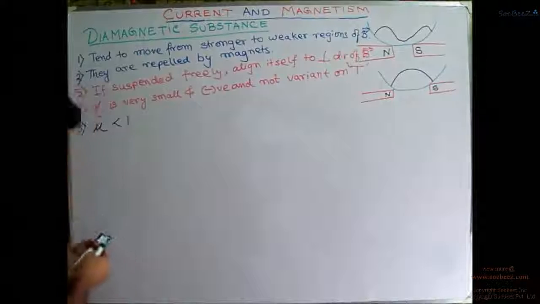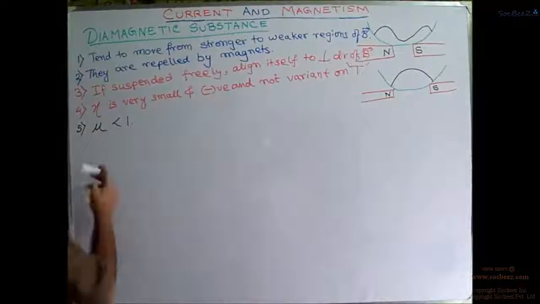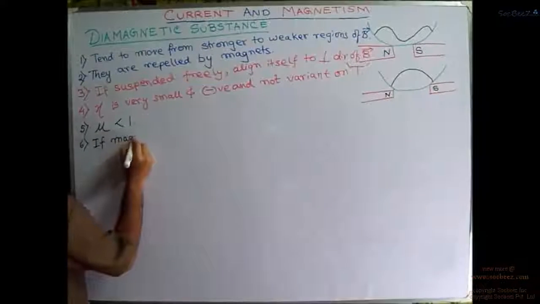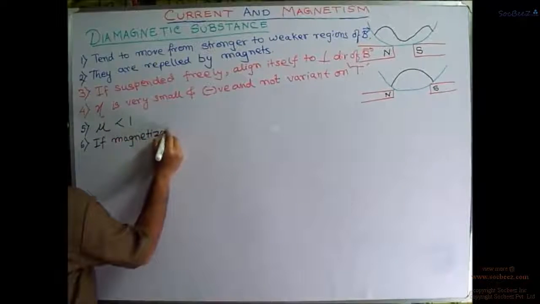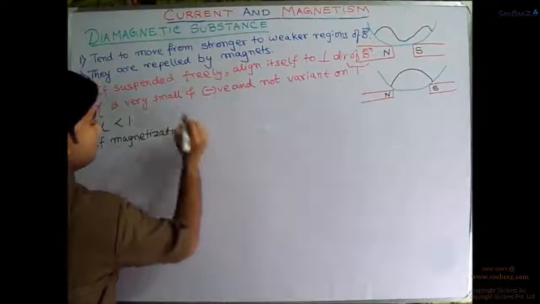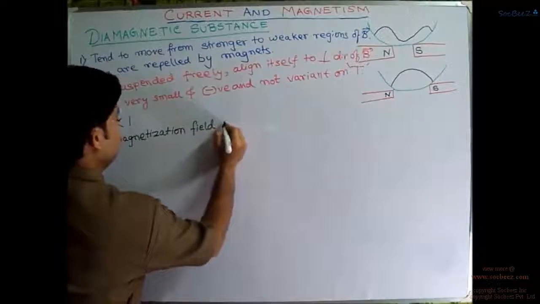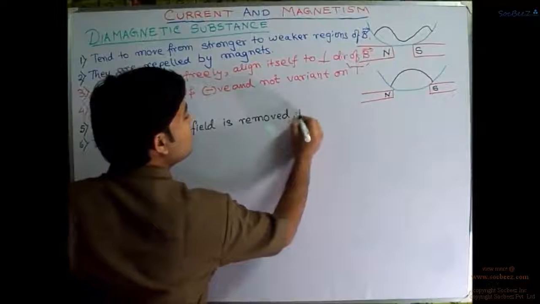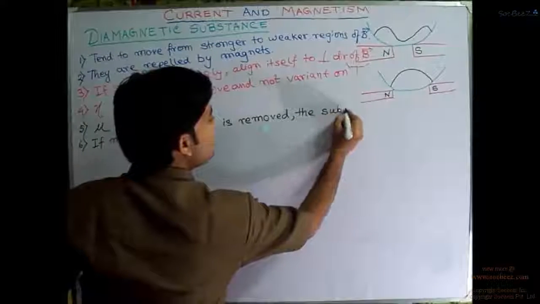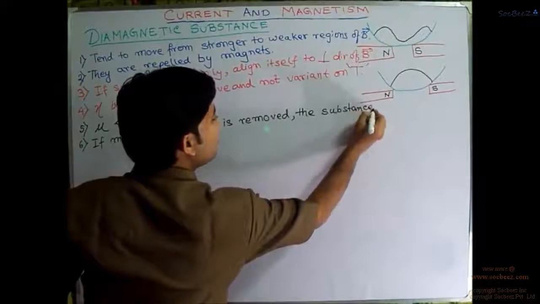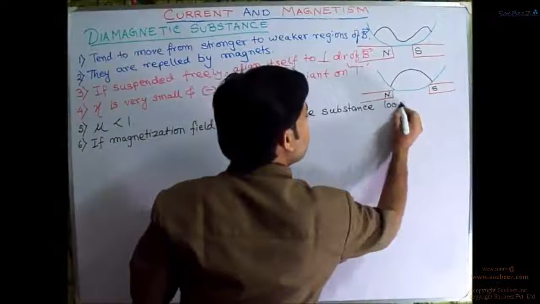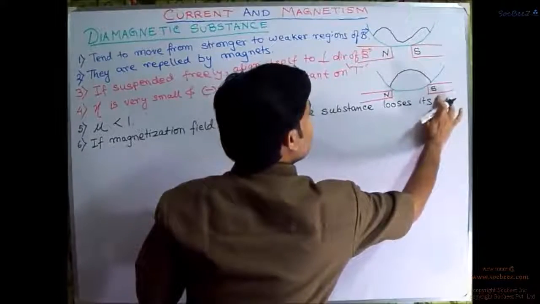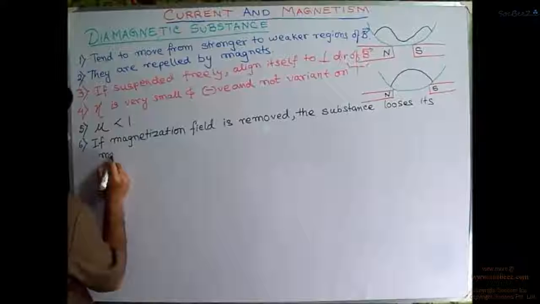So we can say that if the magnetization field is removed, the substance loses its magnetization.